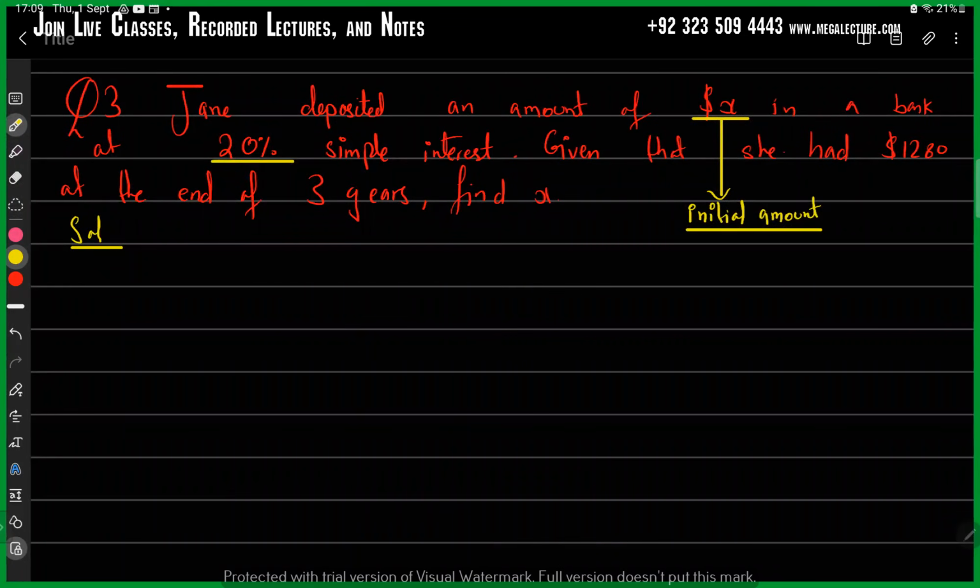Given that she had $1280 at the end of 3 years, find X. So you need to find the initial amount, and you know that she has kept her money in the bank for 3 years, and after 3 years, she has $1280 now. Let's not talk about any formula and let's talk about this logically, okay? Now, just imagine.